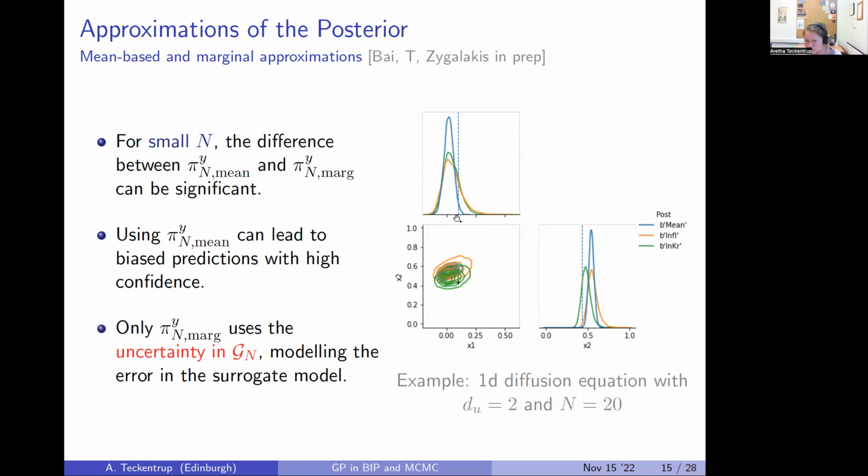And so what it's saying is essentially that you're not giving a lot of probability to the true value of the parameters. And it's even worse for this one here, where the mean-based approximation is already essentially zero at the true values of the parameters, right? So it's giving weight to the wrong part of the parameter space, but it is doing that with high confidence in the sense that it's quite a narrow distribution, right?